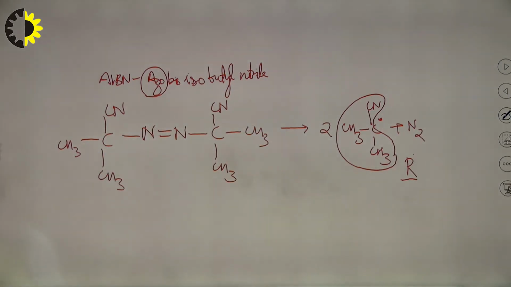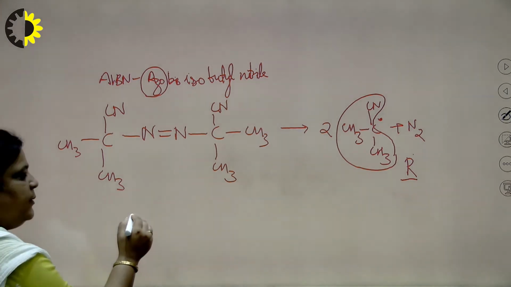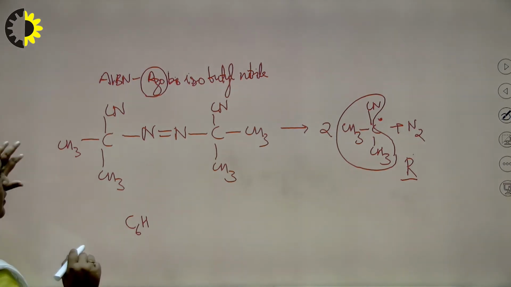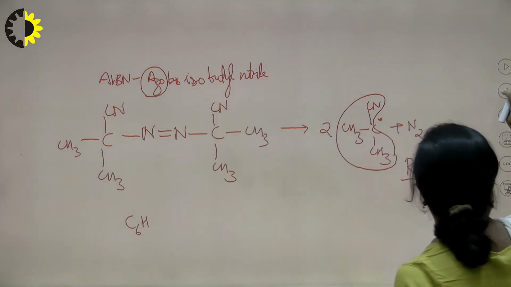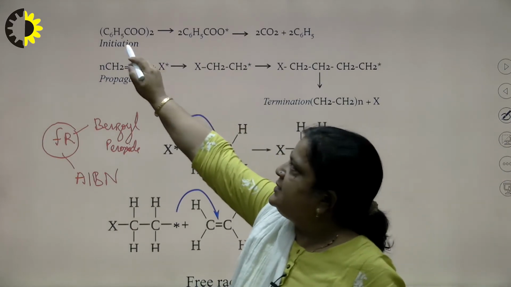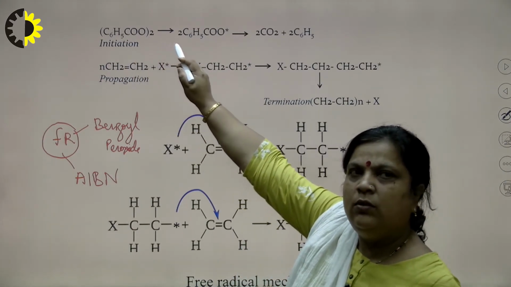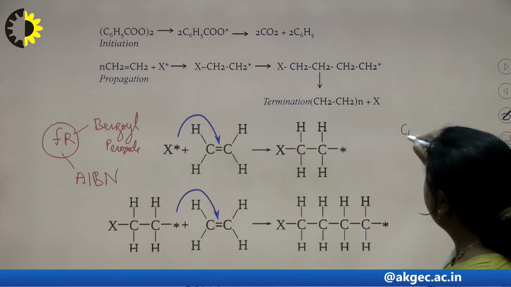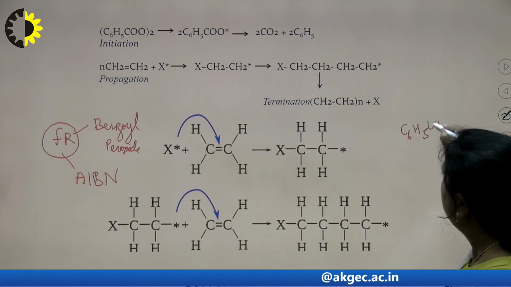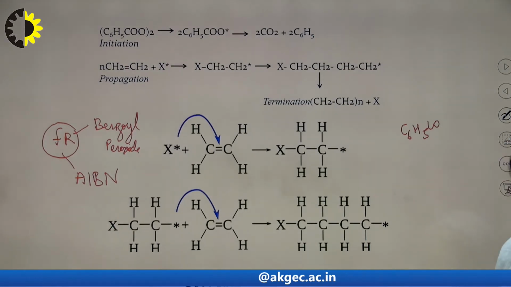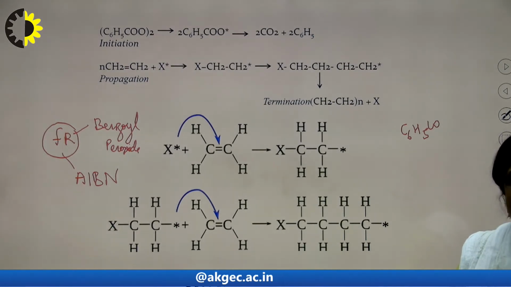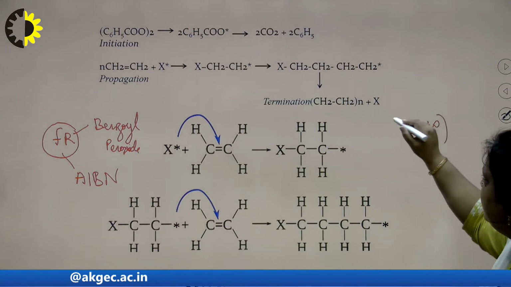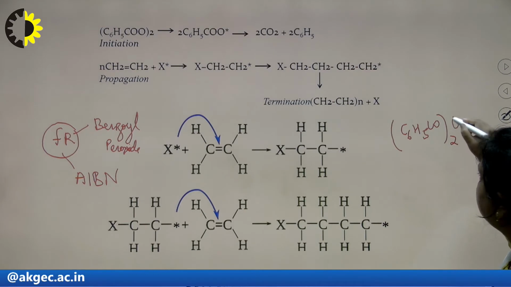If we take benzoyl peroxide, benzoyl means C6H5CO. Peroxide means, remember one common peroxide, H2O2, hydrogen peroxide, and benzoyl peroxide is C6H5COO whole twice, that is, C6H5CO whole twice O2.